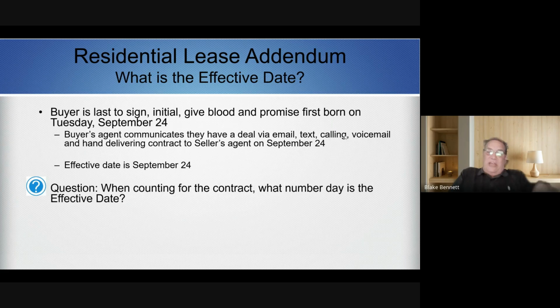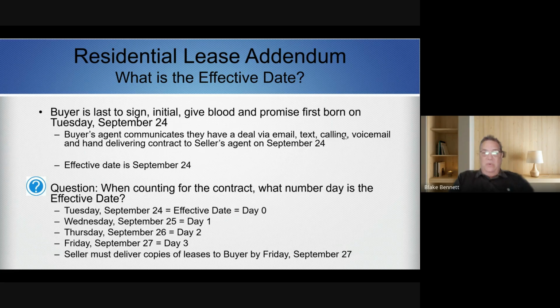So whenever you're counting, the effective date is day 0. So effective date, day 0, September the 24th. Wednesday the 25th is day 1, 26th is day 2, 27th is day 3. Seller has to deliver copies of the lease to the buyer by Friday, September 27th.